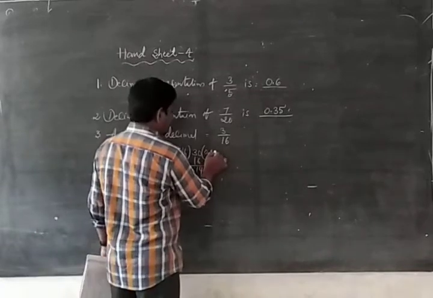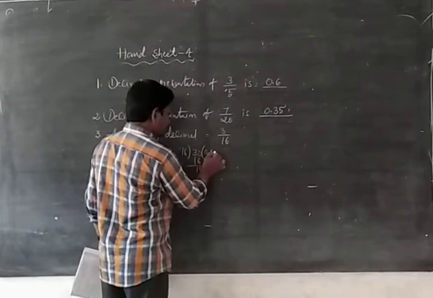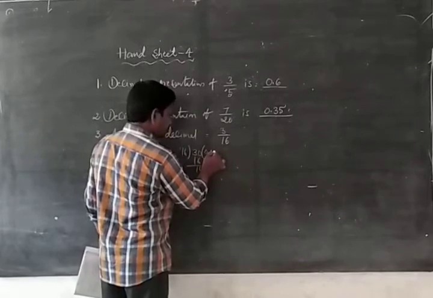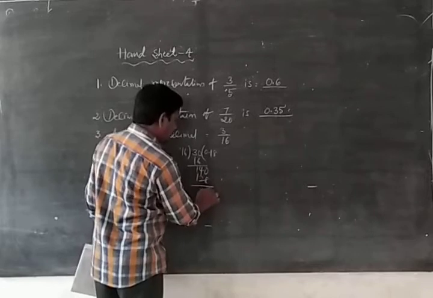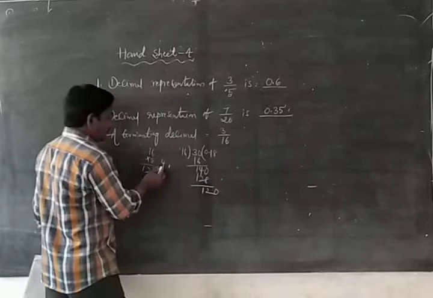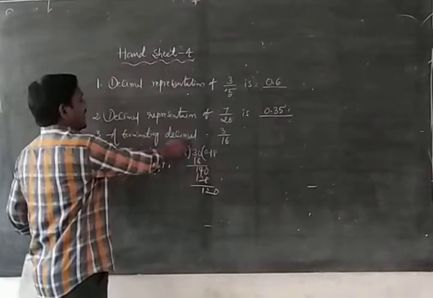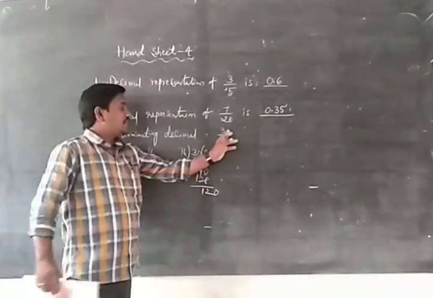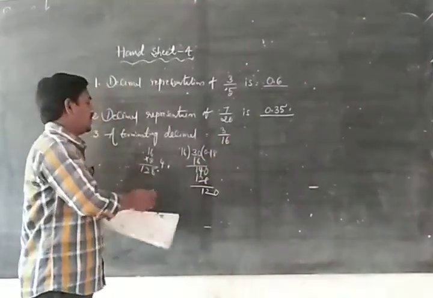So 8 times. Again 2, 1, again 1. After continuous division we got a terminating decimal. So 3 by 16 is a terminating decimal.